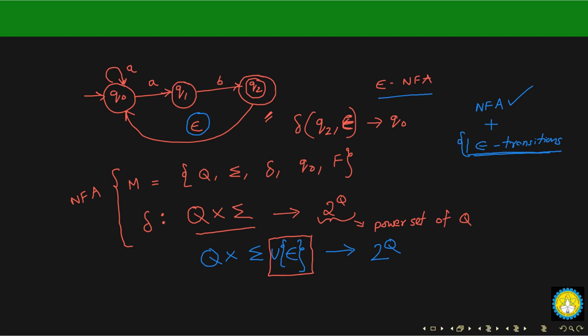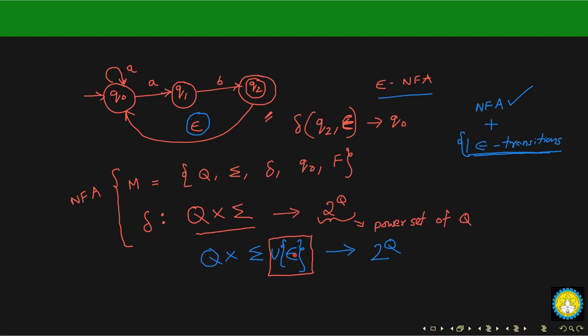Let me take my pointer and things will become more clear. If you look at this NFA here, from Q2 you have an epsilon transition which leads you to Q0. So I should have a provision to write delta of Q2 comma epsilon goes to Q0. That's why I am accommodating this epsilon symbol here.